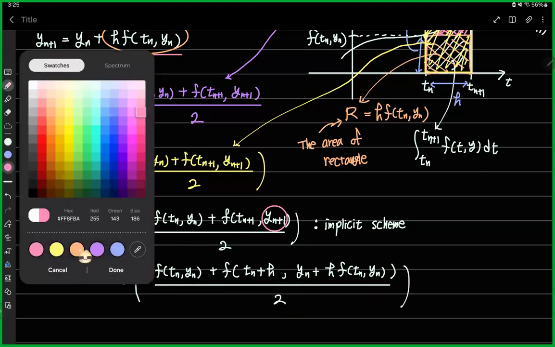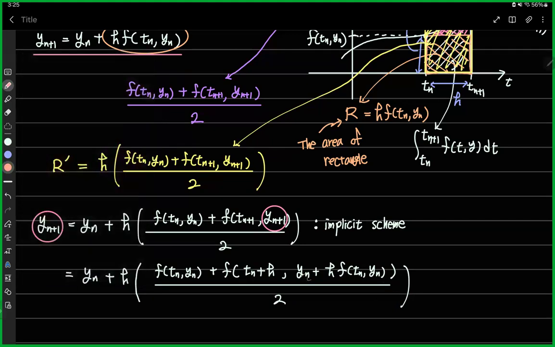So right here, the y sub n plus h times f, that is the Euler method. This is the approximation to y sub n plus 1 by Euler method.